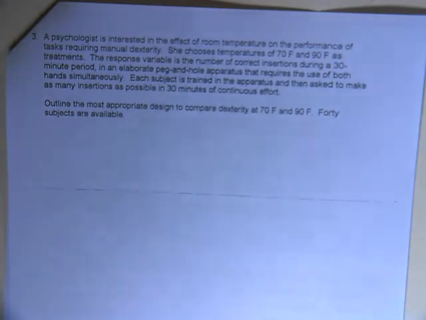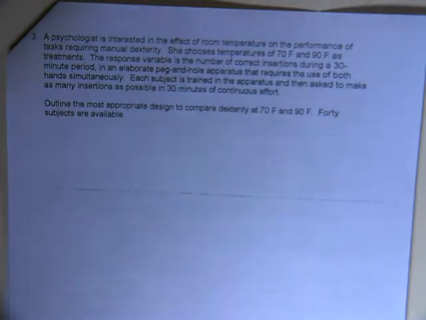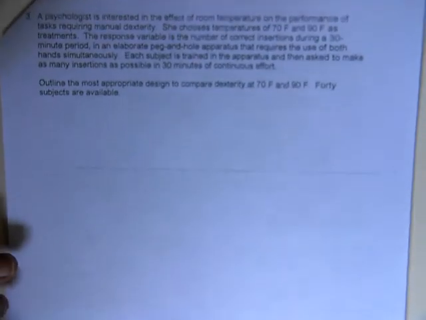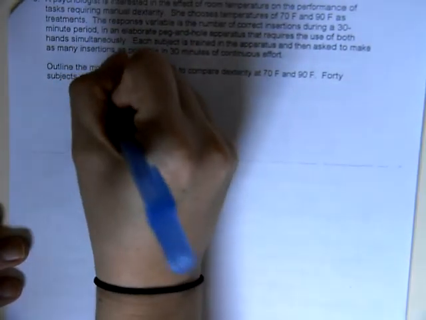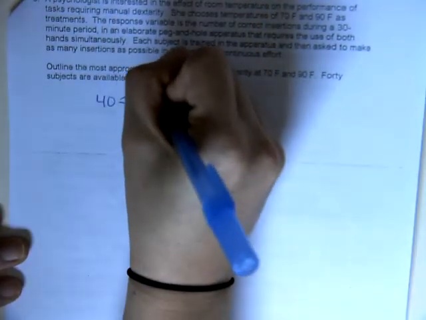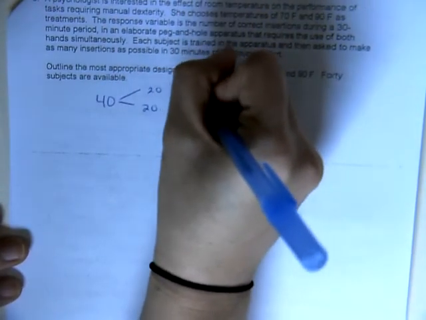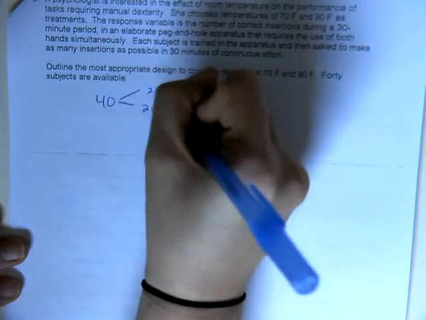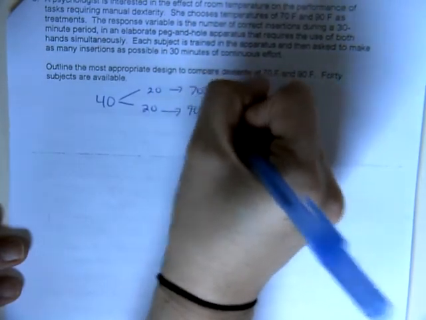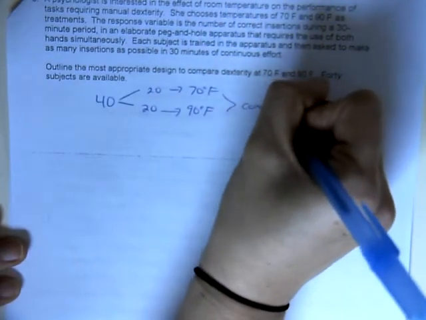Each subject is trained in the apparatus and then asked to make as many insertions as possible in 30 minutes. So basically what we can do, since we have 40 people? Yeah. So if I have 40 people, I could split it up 20 and 20. One to do the 70 degrees Fahrenheit room, one to do the 90 degrees Fahrenheit room, and then compare.